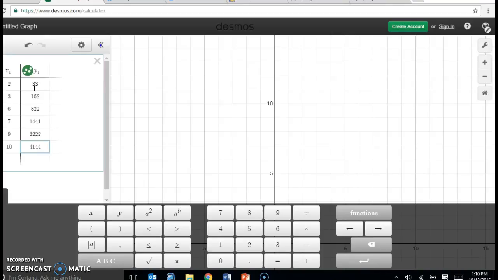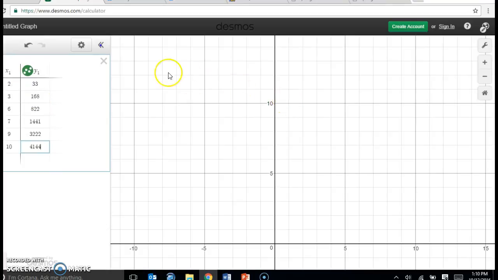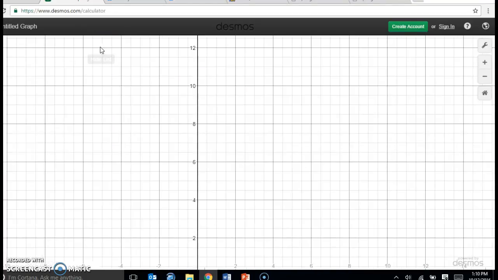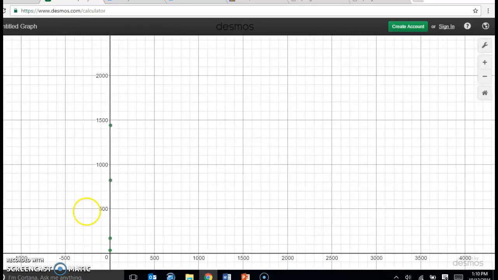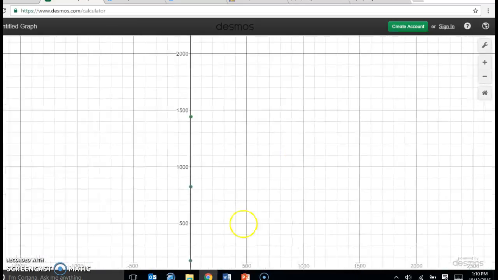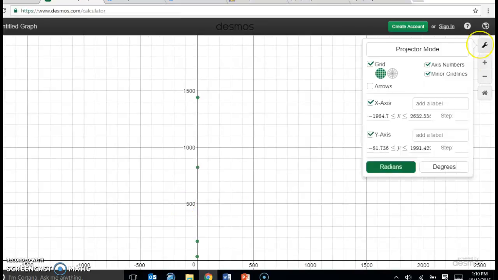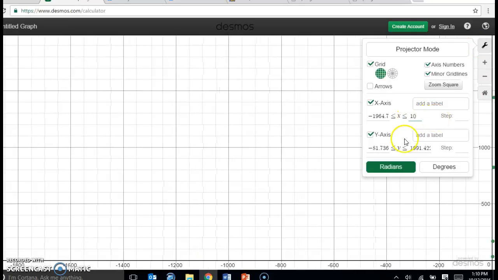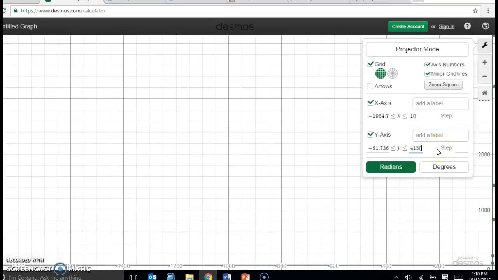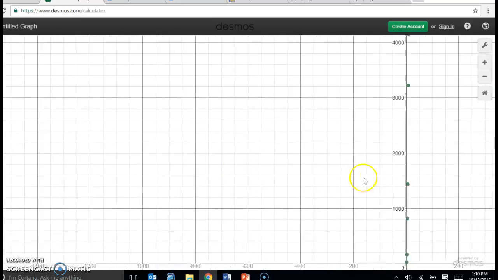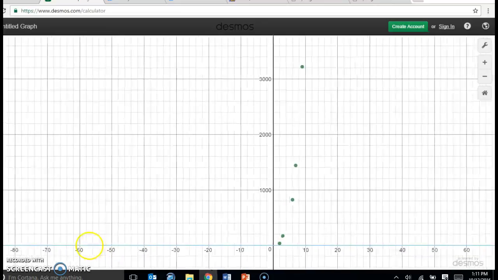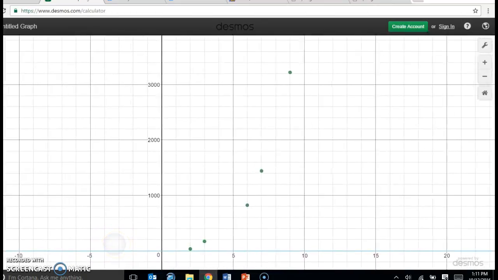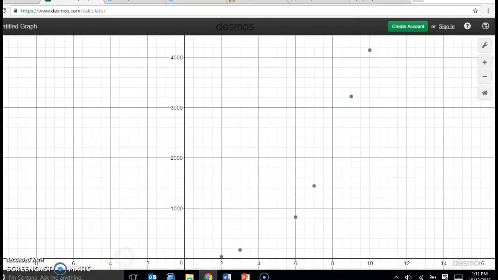Then we're going to adjust our screen so that we can see everything. So we have something that looks like that.